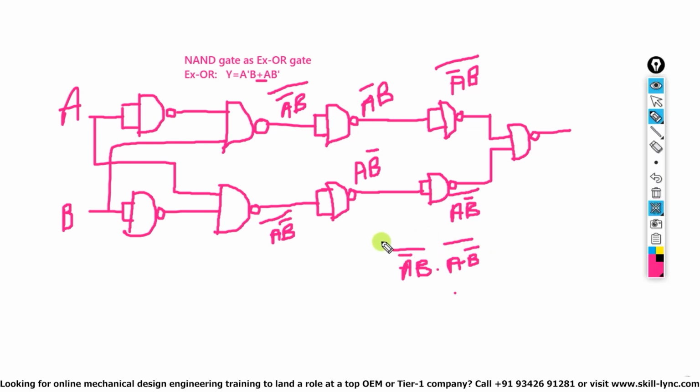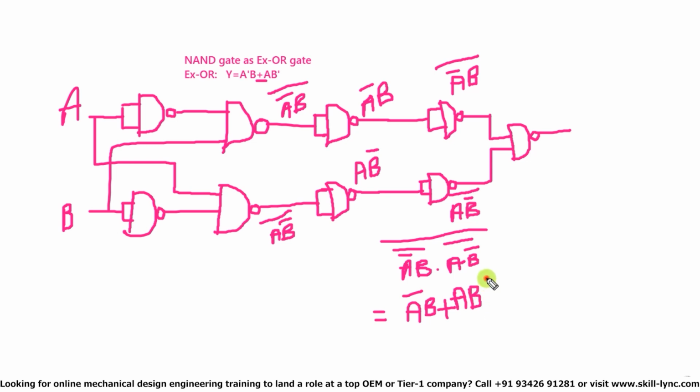Because these are two numbers and we take the NAND gate, we put a complement ahead of this, and x y whole bar equals x bar plus y bar. When you apply De Morgan's theorem there, you get A bar B plus A B bar. This is what I required, that is the exclusive OR gate.